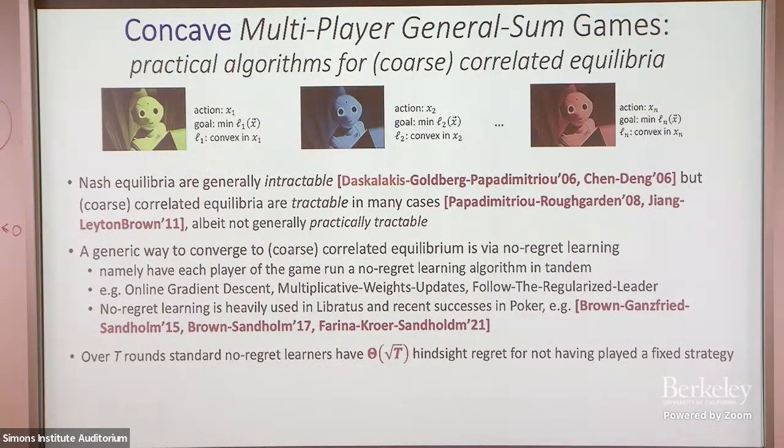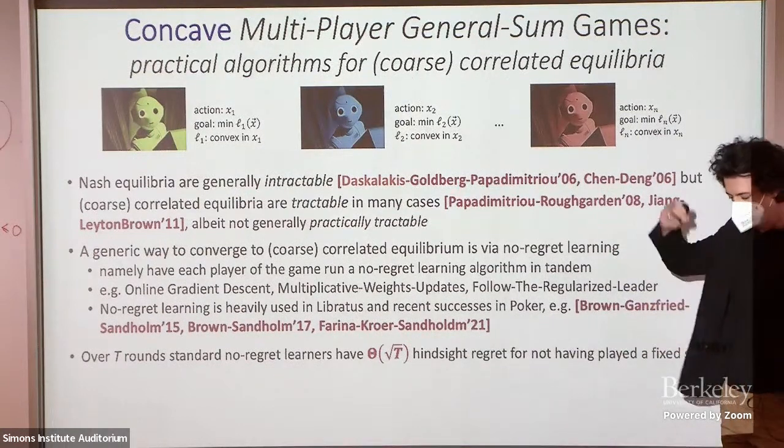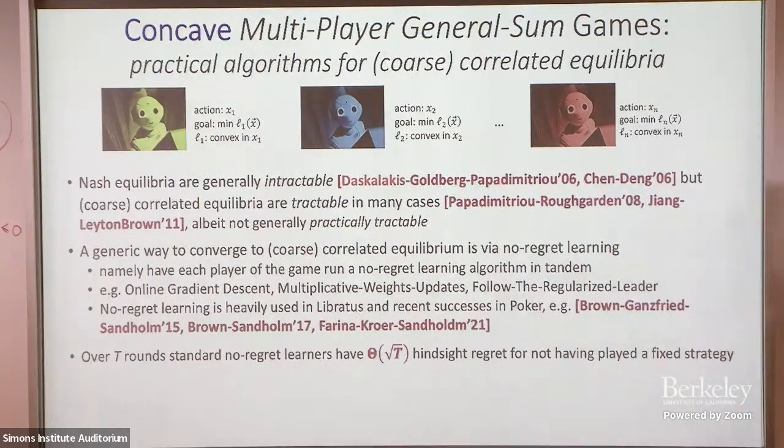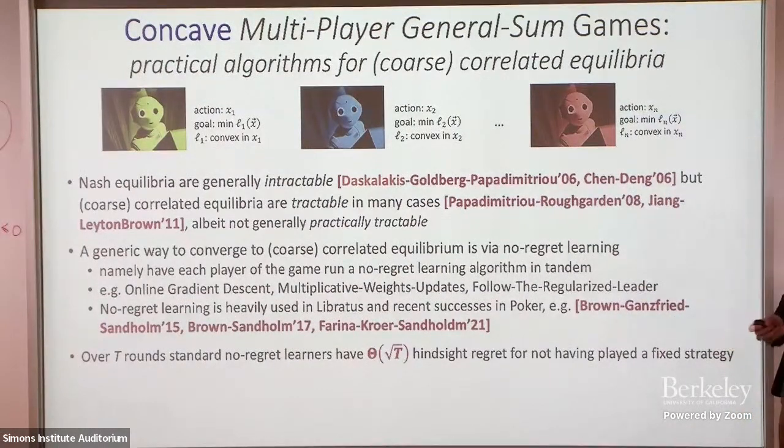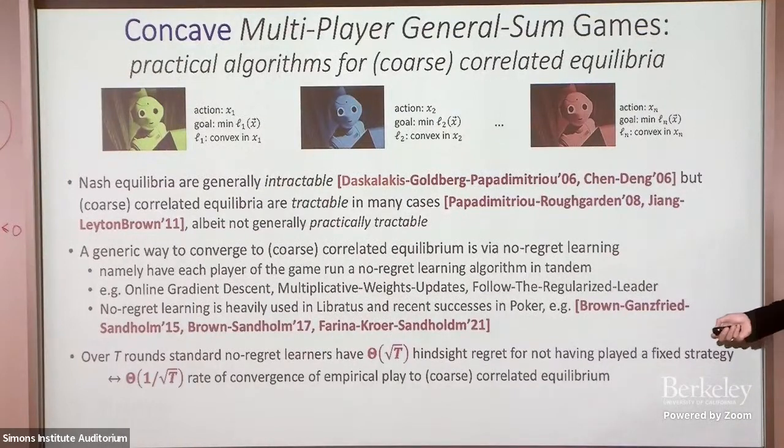Now, what do we know about no-regret learning in multiplayer games? We know that if agents interact over T rounds, then each of them experiences a regret that scales like root T for not having played the best fixed action in hindsight, which equivalently reflects a rate of convergence to coarse correlated equilibrium that goes down like 1/√T.